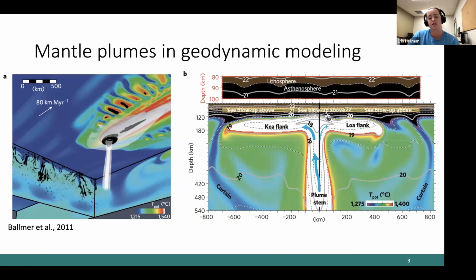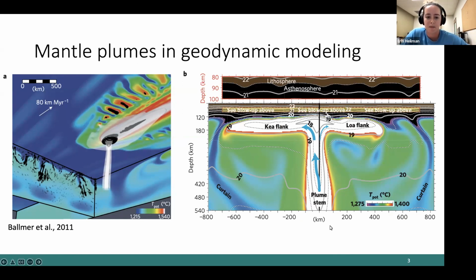Some other cases use mantle plumes in geodynamic modeling. This paper from Balmer et al. looks at mantle plume modeling in the case of the Hawaiian-Emperor chain, looking at how crustal movement on the top can give you a hotspot track.